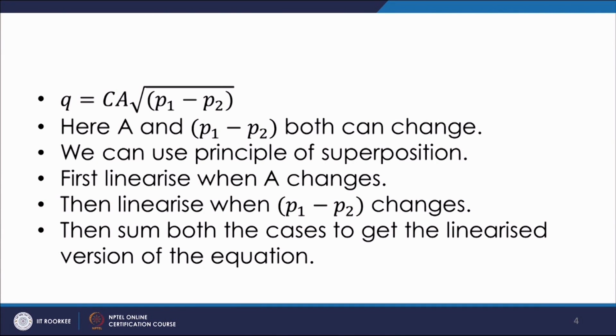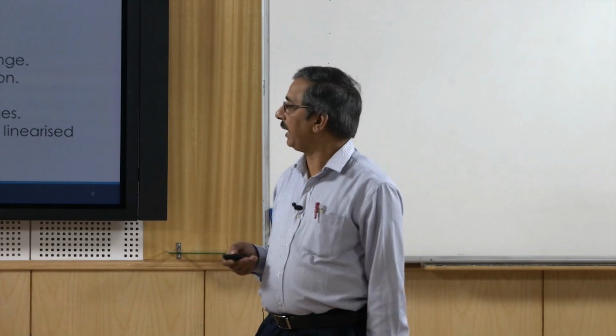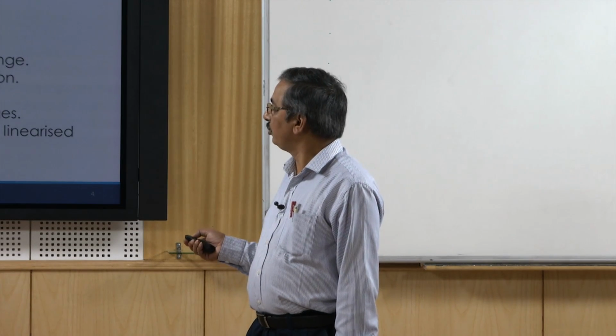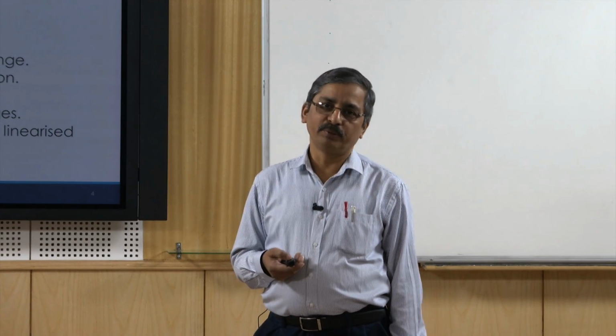Again, as I said, if we consider the general case, both the area of cross section as well as the pressure drop can change. When both can change, while linearizing, what we actually do is use the principle of superposition.